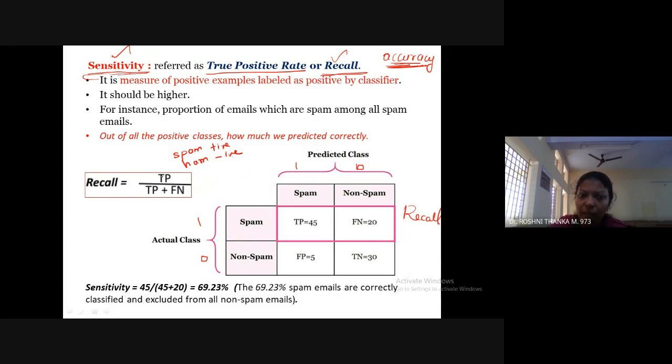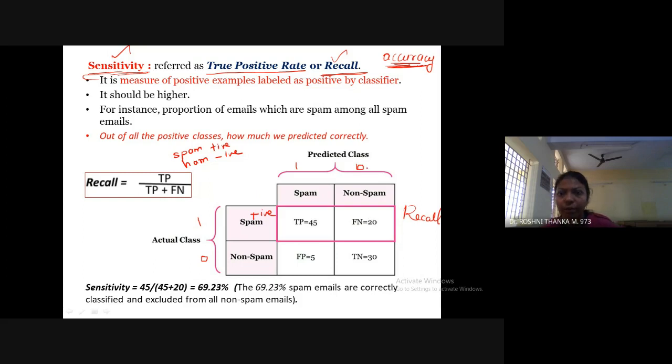So how do we write the formula? It is true positives, that is, correctly classified, divided by the total number. The total means TP plus FN. That is the formula for recall. Out of all positive classes, which means spam, how many have been correctly predicted is recall.